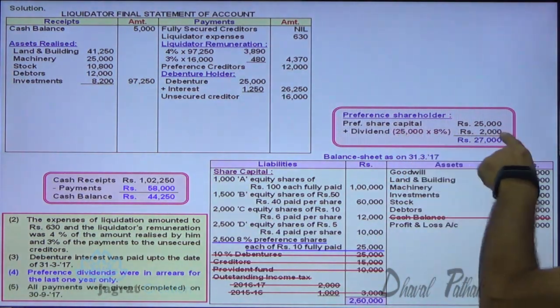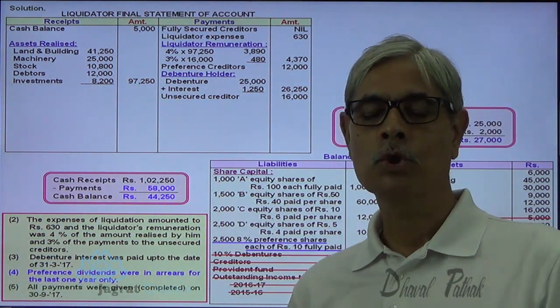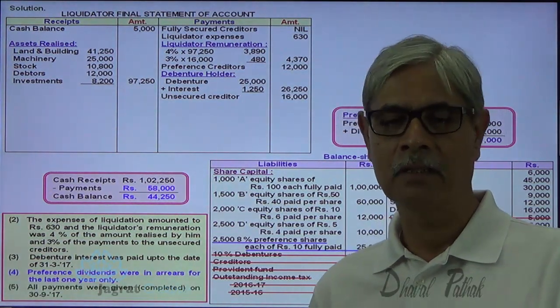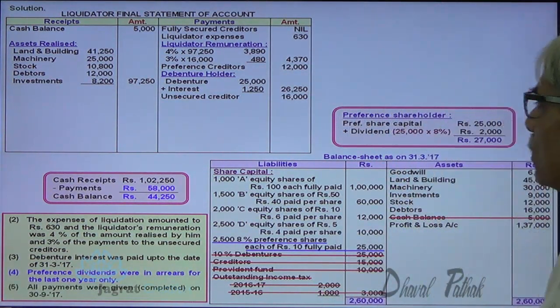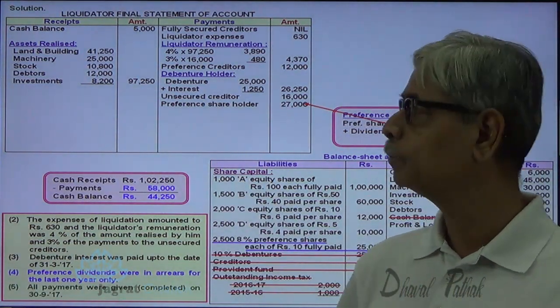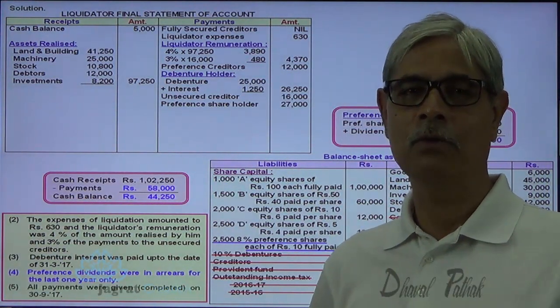So 25,000 into 8%, 2,000 is the preference share dividend unpaid. So total amount to which preference shareholders are entitled is 25,000 plus 2,000, 27,000, that I can pay comfortably from the balance available. Now, how much is the balance available for equity shareholders?